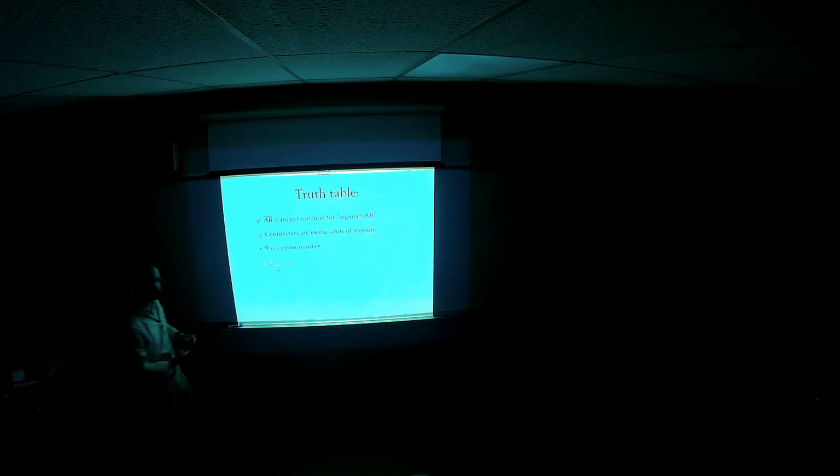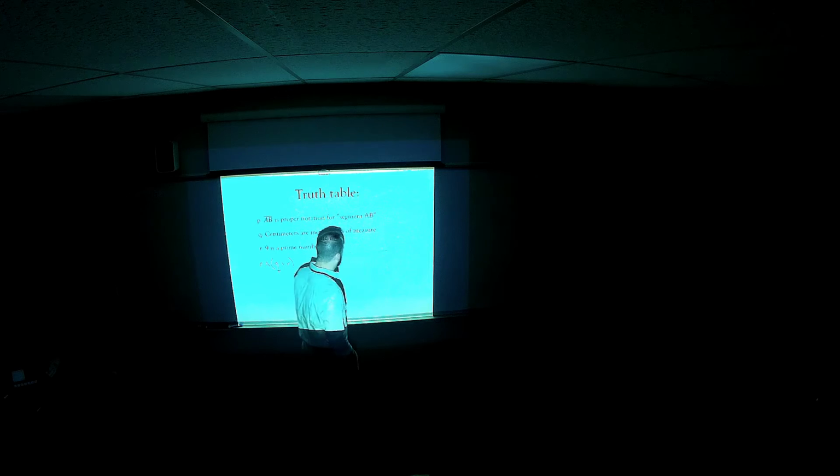Okay, so let's do a truth table here. There's going to be at least 4 columns. We have a Q, we have an R, and then we have the Q or R column.